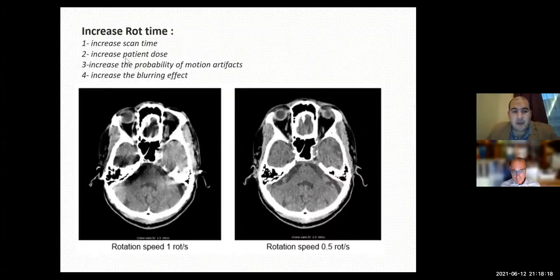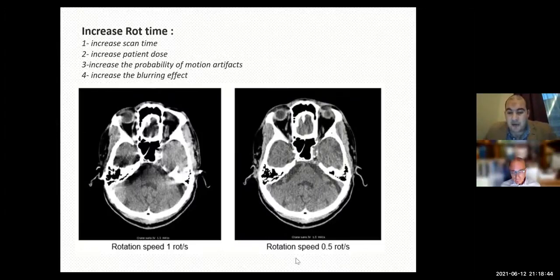Also, increasing rotation time increases the probability of motion artifact, but sometimes you scan a patient with a disturbed conscious level or a child, so you need the scan to be very fast. So you have to reduce the scan time, and you reduce the scan time by rotation time. Increasing rotation time increases scan time, so increases the probability of motion artifact and the patient dose, and also increases the blurring effect.